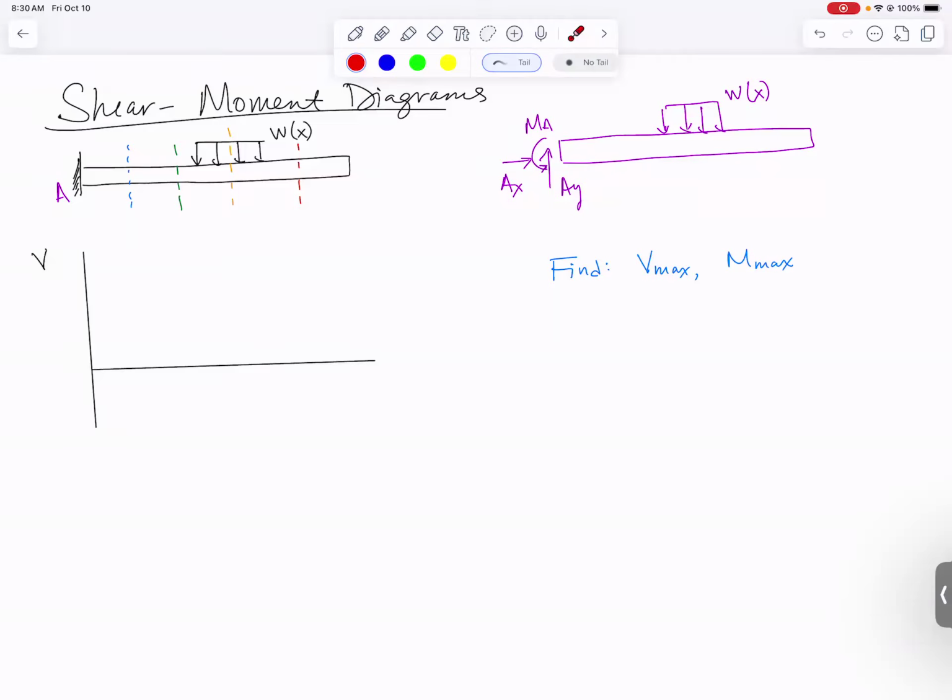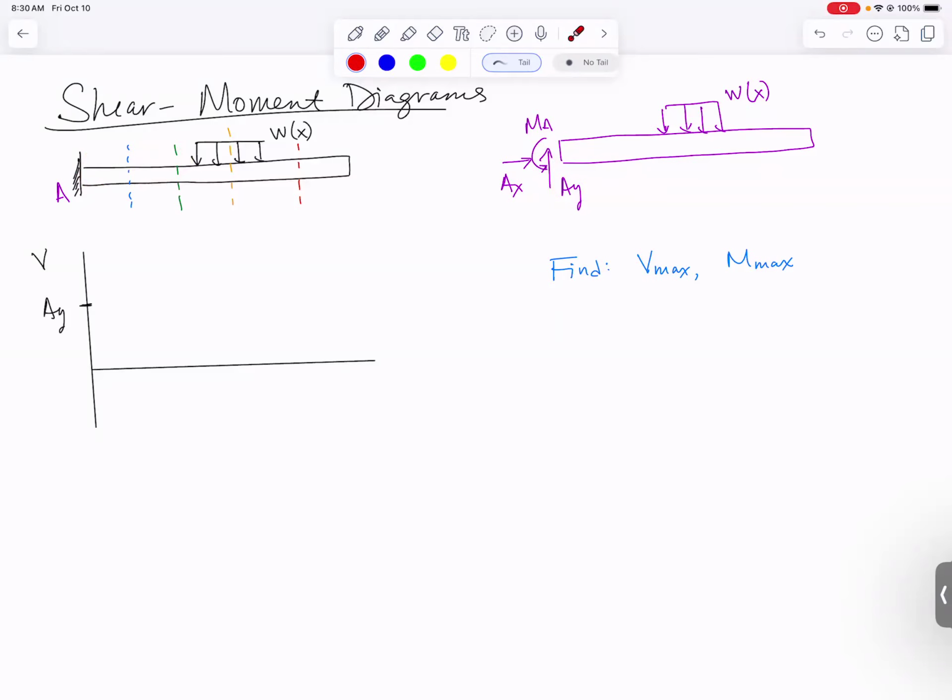But I strongly encourage you to think about using the graphical method we talked about last time because it helps us get it faster. So what you would do in this case is at the very left end, the first thing that happens to the beam is you have an upward point load of AY. So we're going to start our shear force diagram right up here at AY. And then we have a section of the beam where the distributed load has a magnitude of 0.